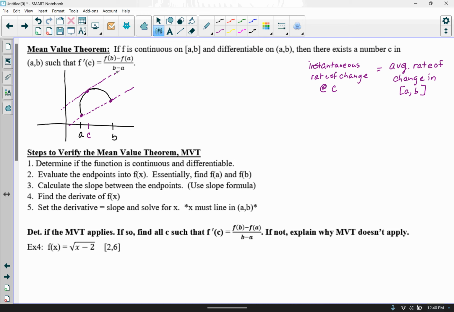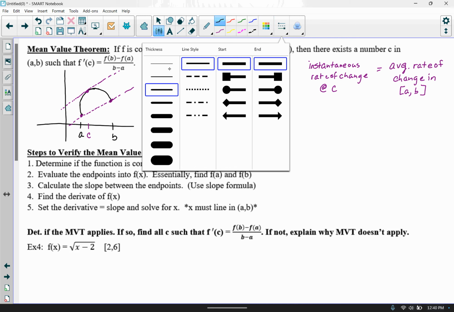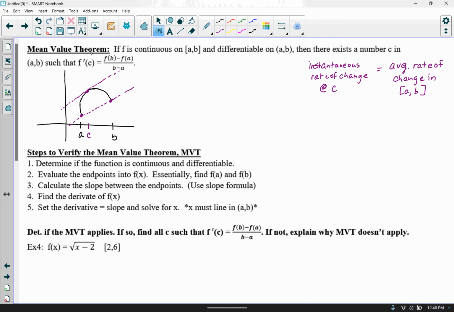All right, so let's add a little bit more to this graph and try to make this connection here. If this ordered pair has an x value of a, then its y value would be f of a. And likewise here for my b, its x value is b, and then its y value would be f of b.